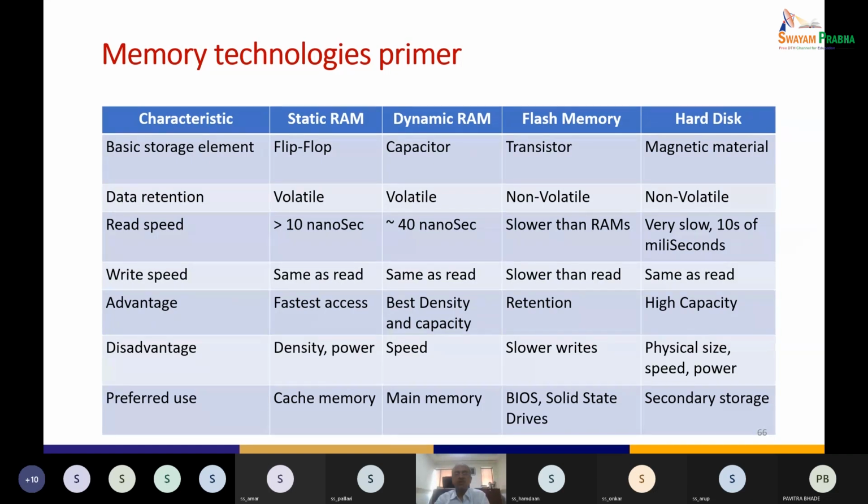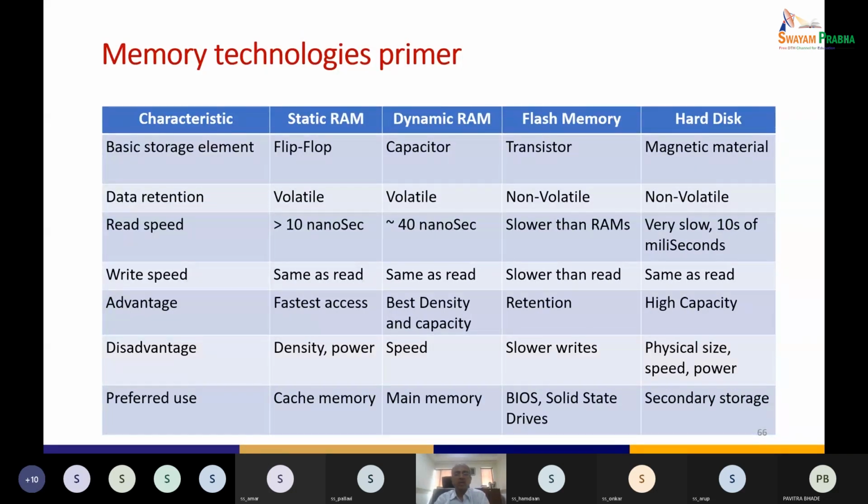Flash memory has a field effect transistor with a floating gate. A hard disk, as you know, has platters covered with a magnetic medium. Static and dynamic RAMs are volatile, meaning if you take off the power, the data is lost. Speed-wise, static RAMs are the fastest, with less than 10 nanoseconds access time, and dynamic RAMs are much slower.